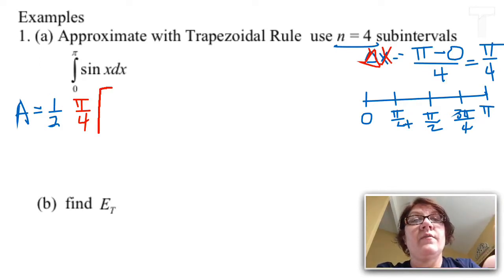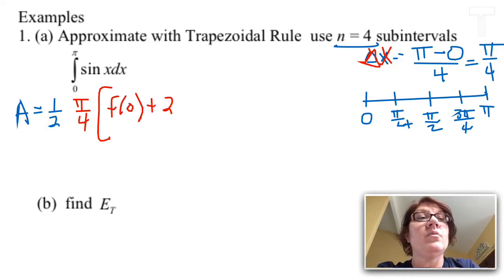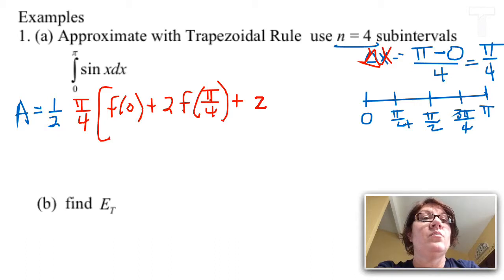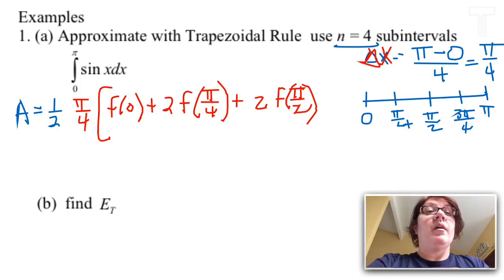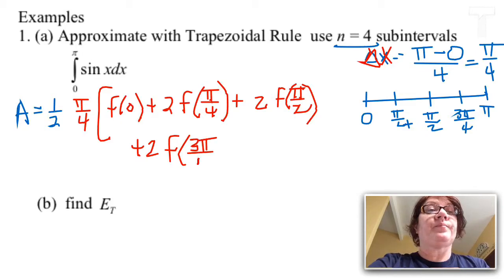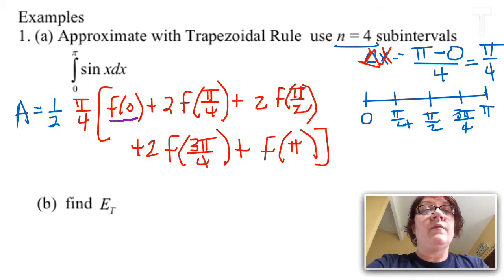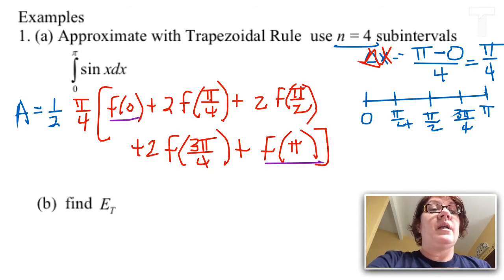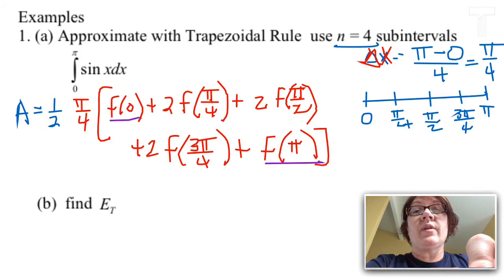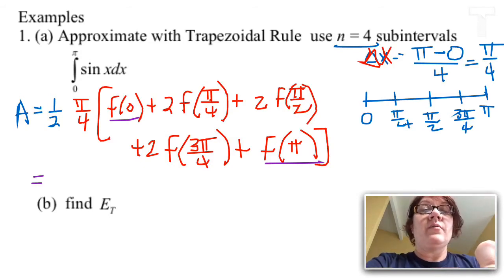And then I have to find f of 0 plus 2 times f of pi over 4 plus 2 times f of pi over 2 plus 2 times f of 3 pi over 4 plus f of pi. And remember, I only need 1 of the first and 1 of the last, but I need 2 of everything in between. So now when I simplify this, outside I'll have pi over 8.